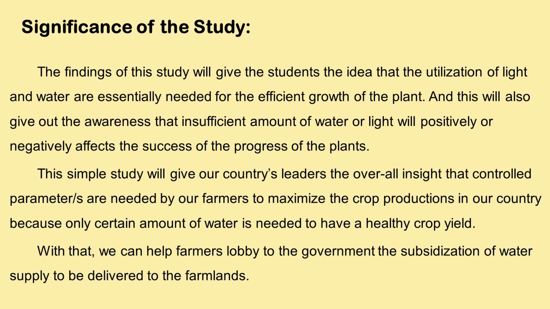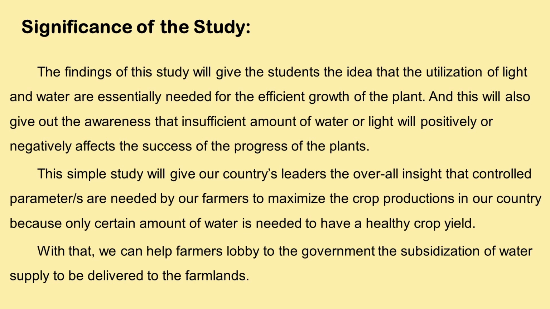The findings of this study will give the students the idea that the utilization of light and water are essentially needed for the efficient growth of the plant. And this will also give out the awareness that insufficient amount of water or light will positively or negatively affect the success of the progress of the plants.